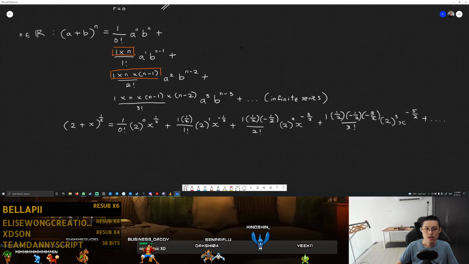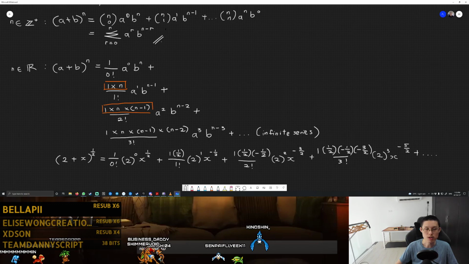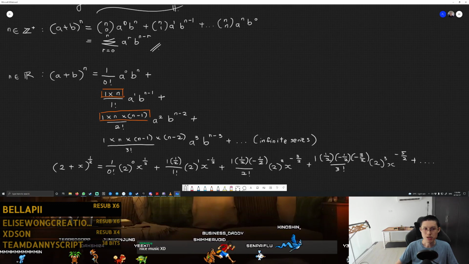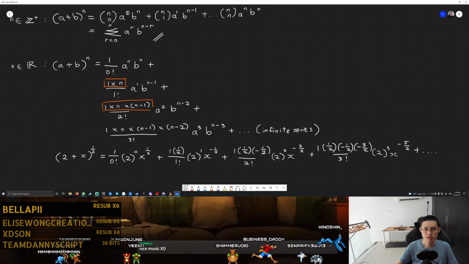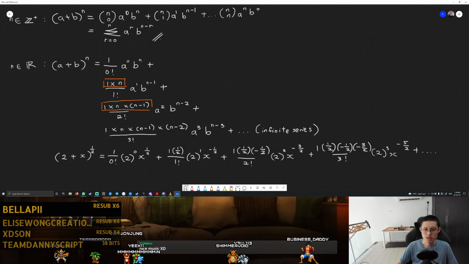So, since I claim that this is the general formula for the binomial expansion, what if I replace this n here with an integer? Would this general formula reduce to this one? The answer is yes.